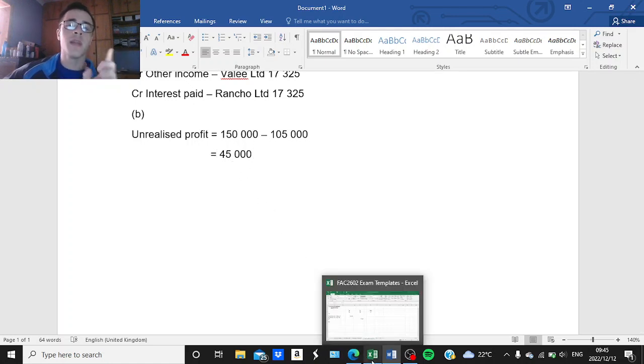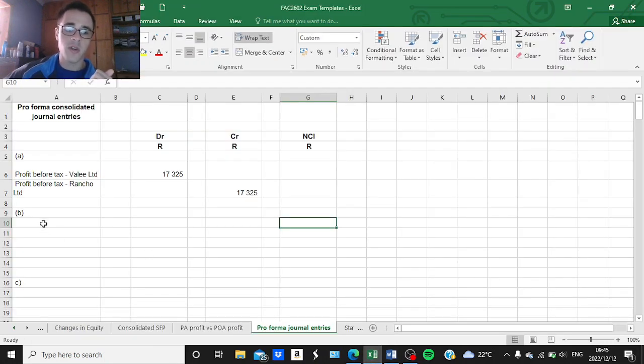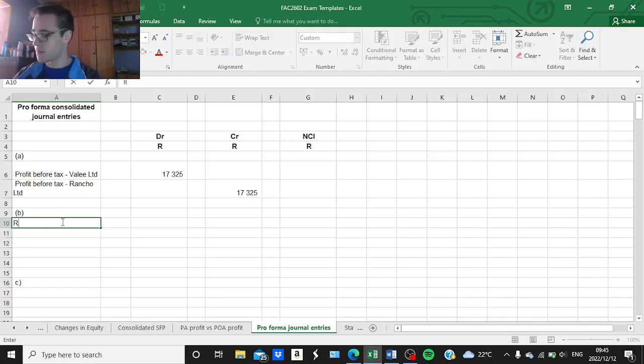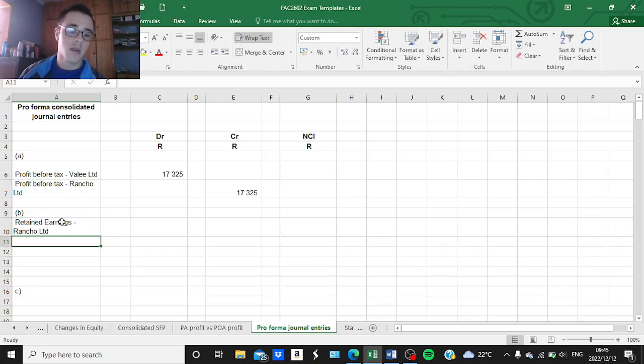So because we are eliminating an unrealized profit, we need to decrease, in other words, debit the retained earnings account of the company that made the unrealized profit. In this case, it was Rancher Limited that sold the machinery, which is 45,000. The amount for the unrealized profit is 45,000.